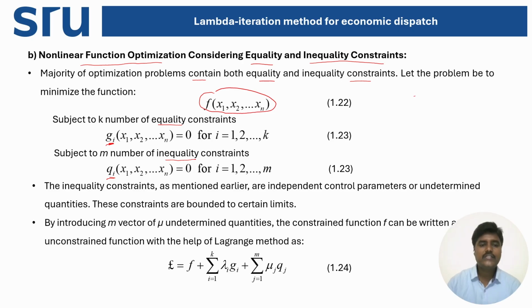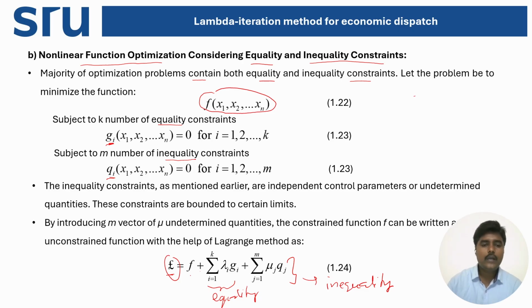Then you can express the Lagrange function as function f plus, first, the equality constraint term, and the next term is the inequality constraint. So here the Lagrangian function now has three terms compared to the previous case.